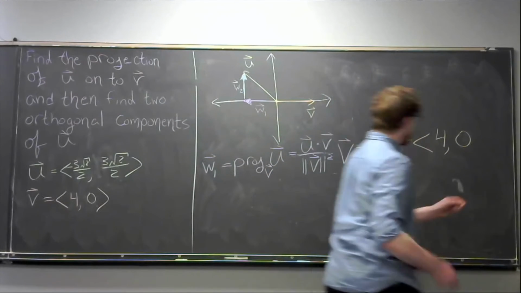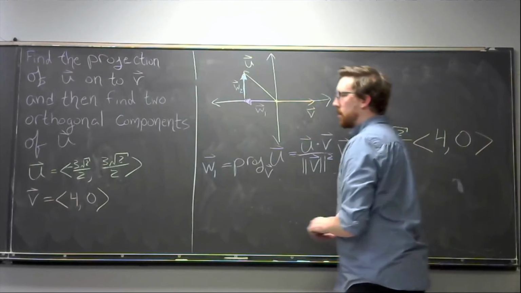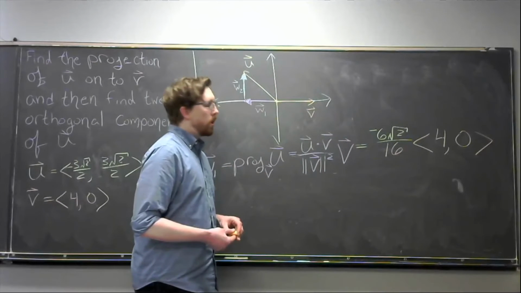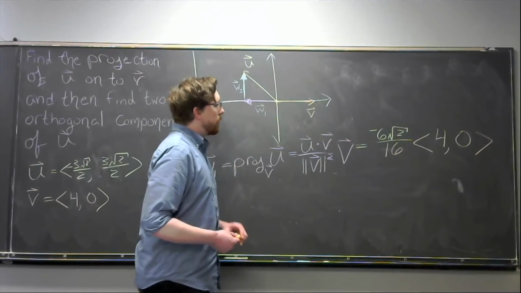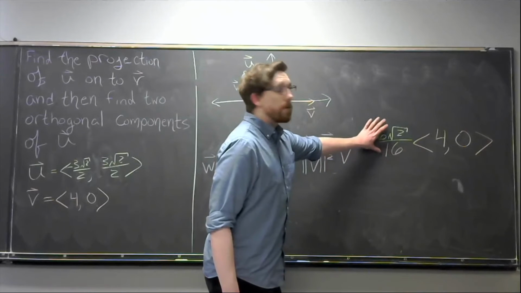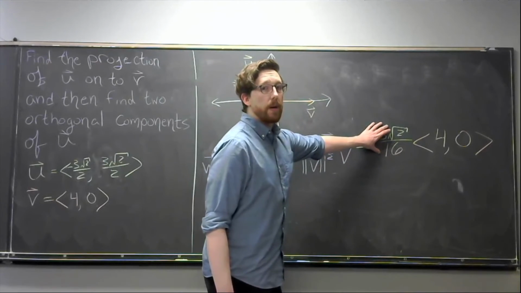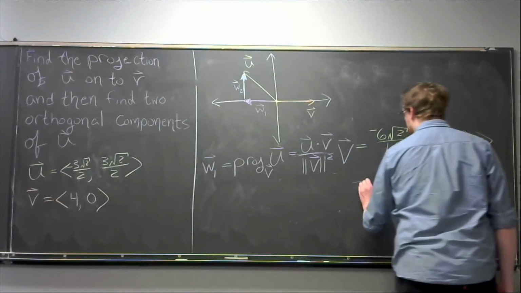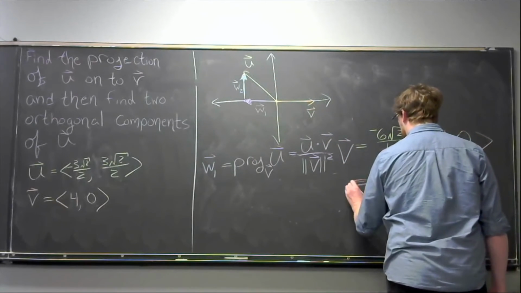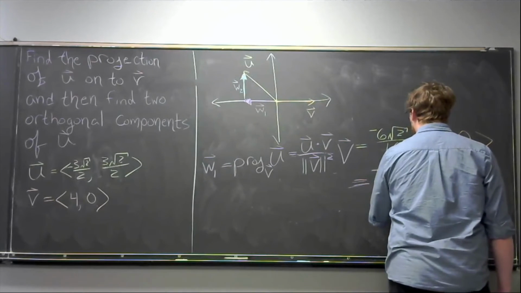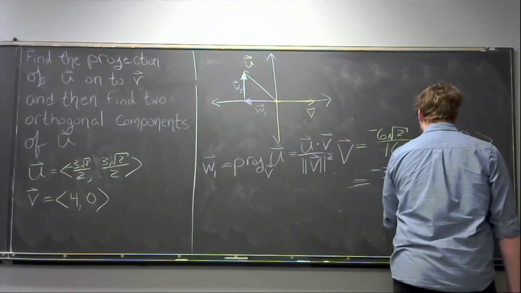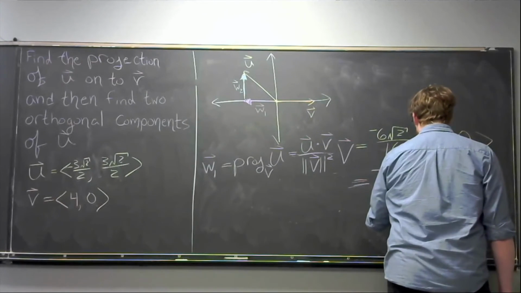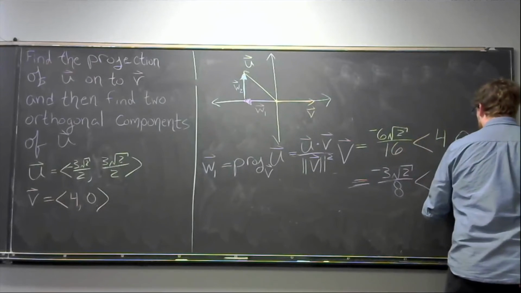Well, notice that we've got some reductions going on in here, right? We could pull out a 2 from our numerator and our denominator. When we do that, we're going to end up with negative 3 square root of 2 over 8 times 4 comma 0.